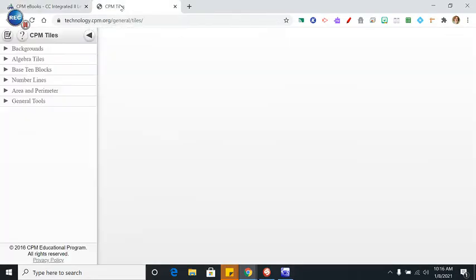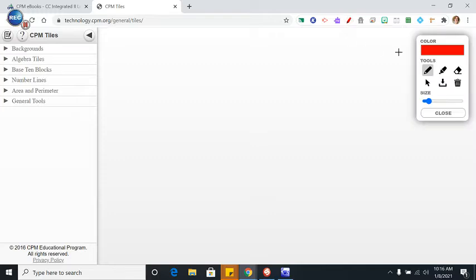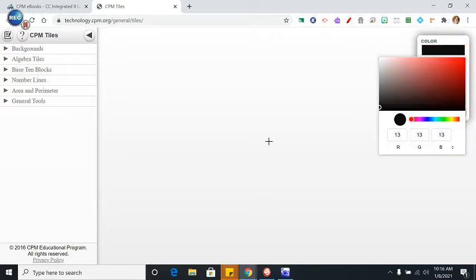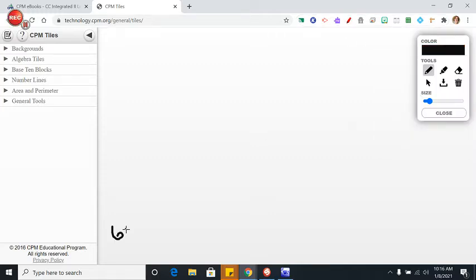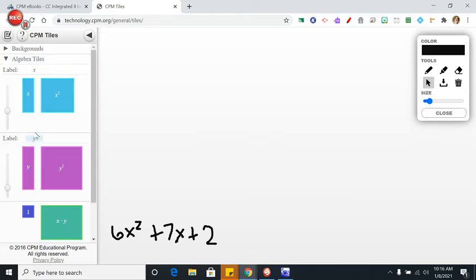Okay, so we've got 6x squared. Let's see, I'm going to write it on the screen just so we have it. Plus 7x plus 2. That's what we're working with. So I'm going to get 6 of these.